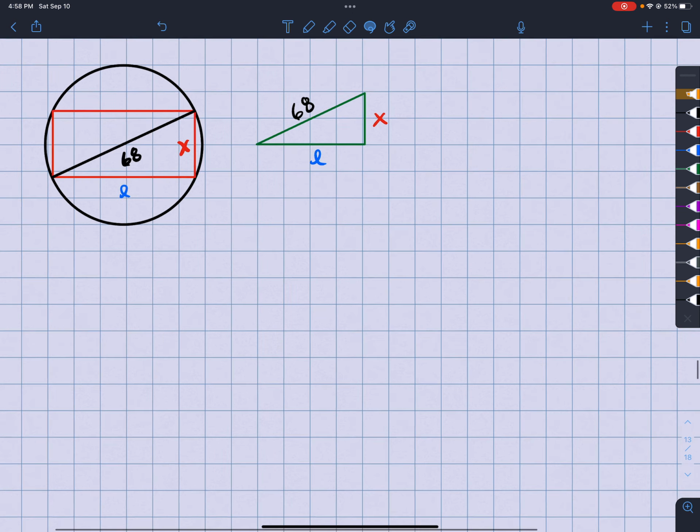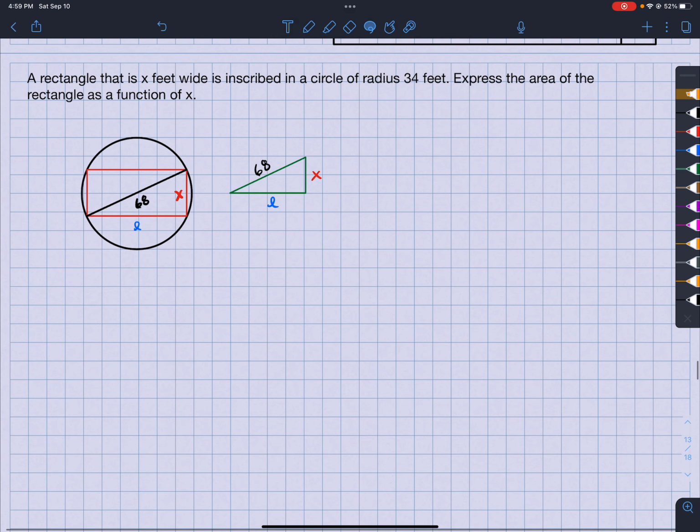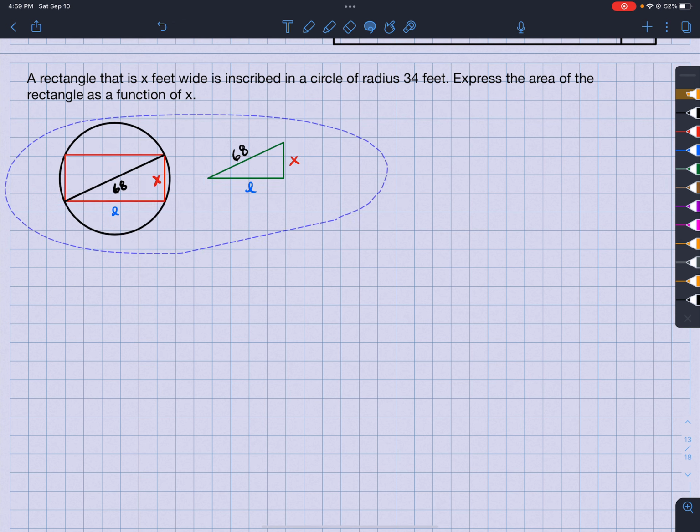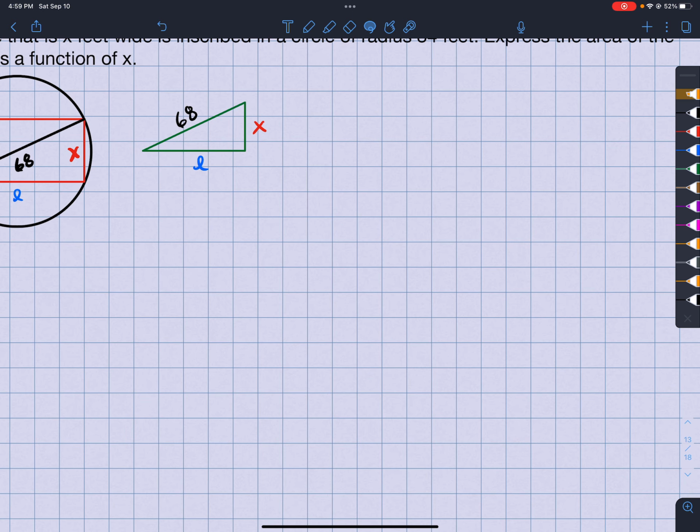So right here, I could do a Pythagorean theorem, can't I? Let me make sure this is small enough, take this, bring it up. So I know that a squared plus b squared equals c squared, and the c is the hypotenuse. So be careful.